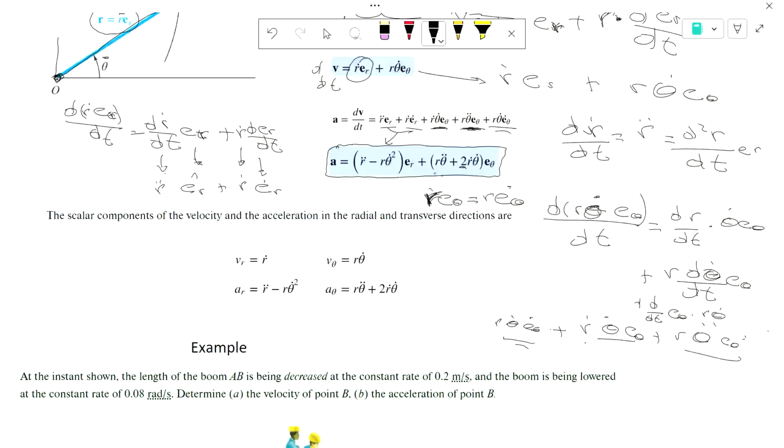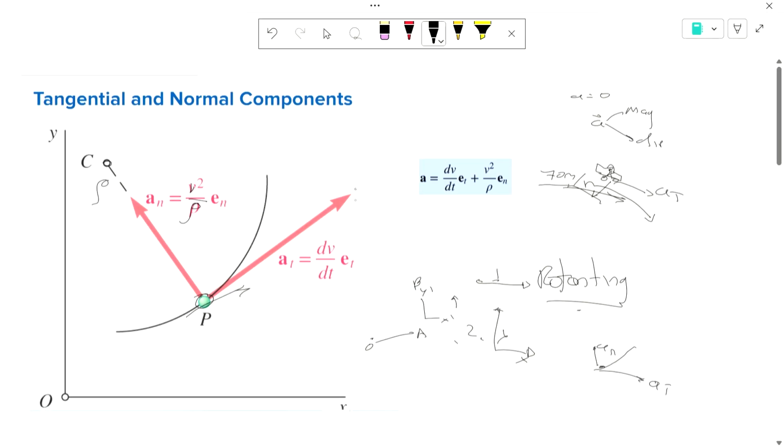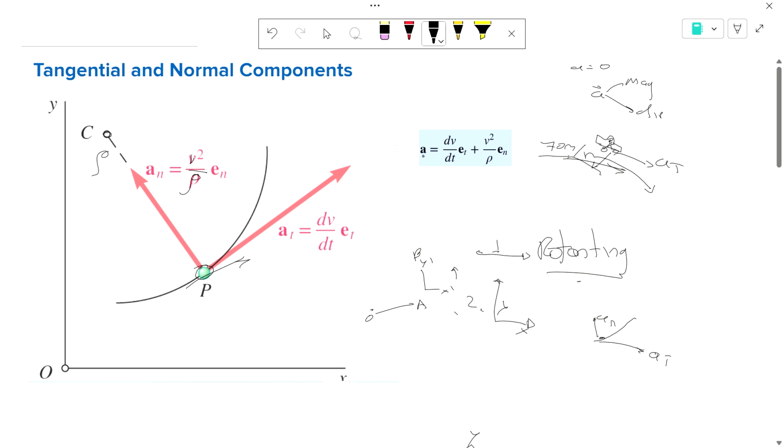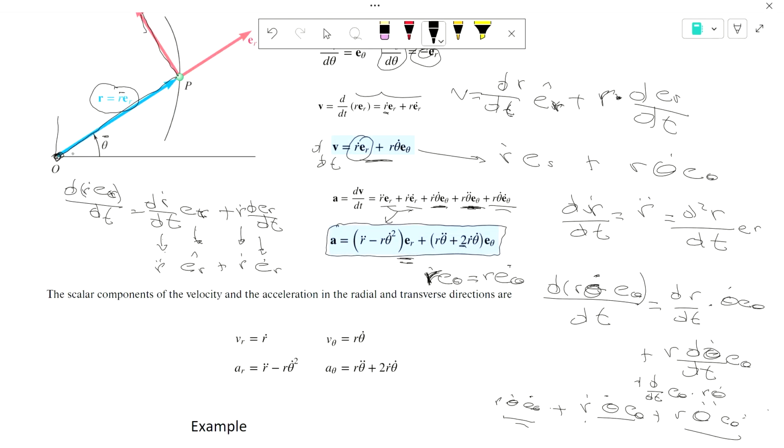But right now, just focus on whenever they ask you for radial transversal, you have to use the velocity and the acceleration equations. So notice how different they are. The acceleration from the particle's point of view is the instant velocity plus the velocity squared divided by rho. Very simple. Versus from an inertial point of reference from a coordinate system is not so simple.